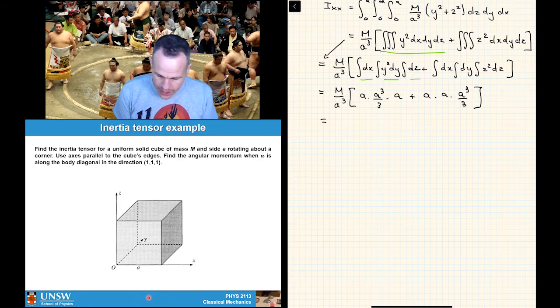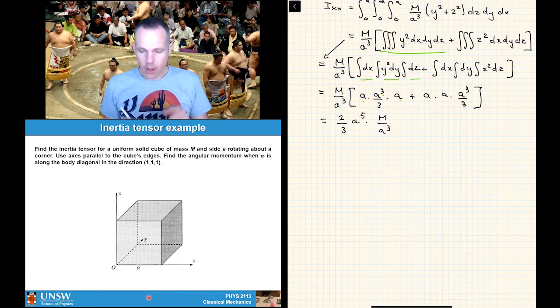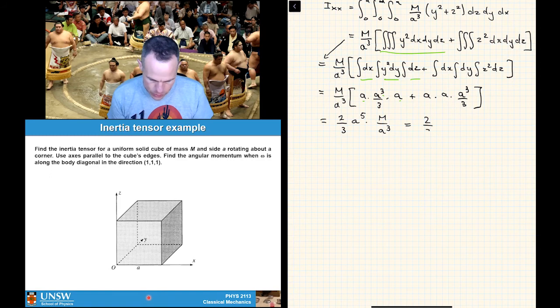If we add all these terms up inside here, this is now 2/3 a to the power of 5 times m over a cubed. Okay, so you can see in here I've got a times a cubed times a is a to the 5th, and I've got a third for each, so that gives me the 2/3. Okay, and then in the end I can clean the a cubed in the bottom up, so this is now 2/3 m a squared. Pretty easy, right?